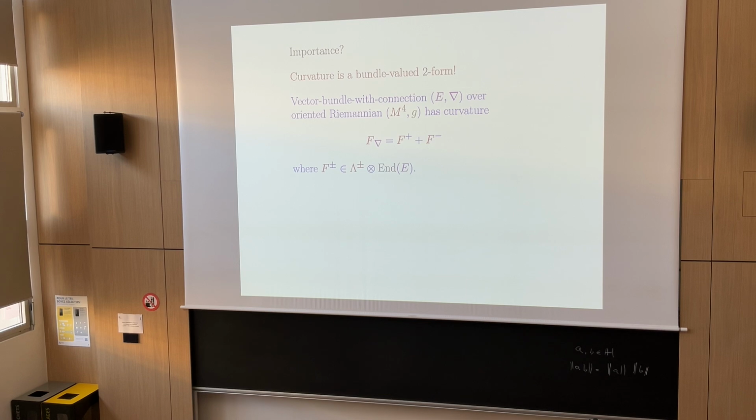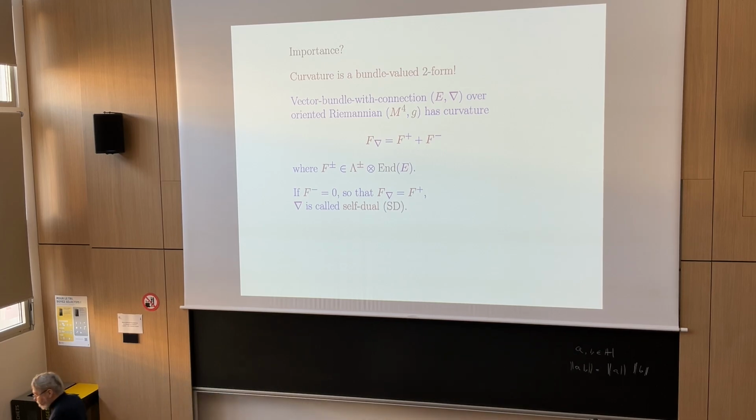So F plus or minus would be something in the self-dual or the anti-self-dual two forms with values in the endomorphism bundle. In the special case when the anti-self-dual part of the curvature vanishes, so that the curvature is in fact a self-dual two-form F plus, then we say that the connection is a self-dual connection.